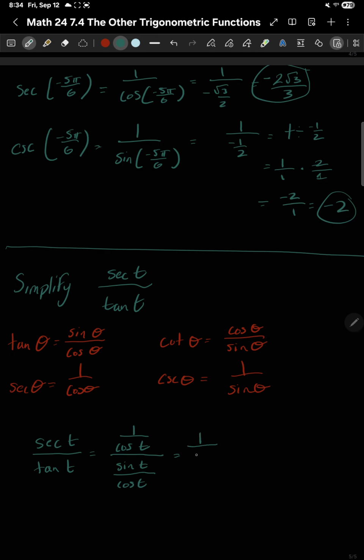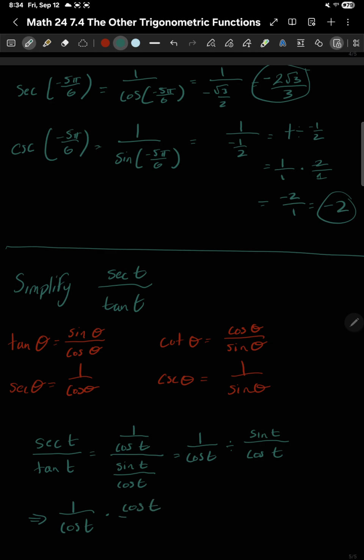And so we can write this as 1 over cosine of t divided by sine of t over cosine of t. That's dividing two fractions, which we don't like to do. We like to multiply by the reciprocal.